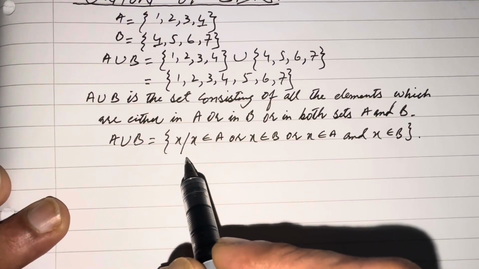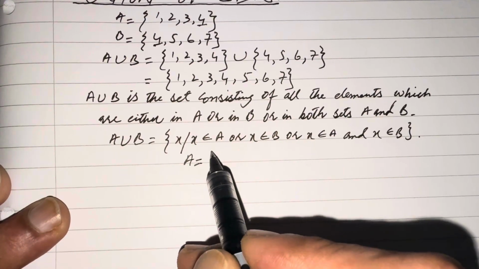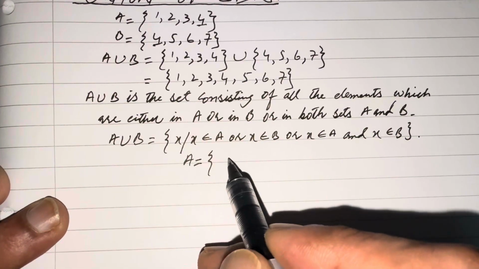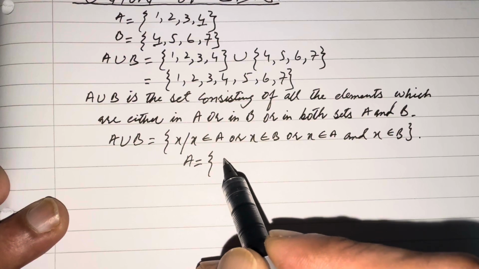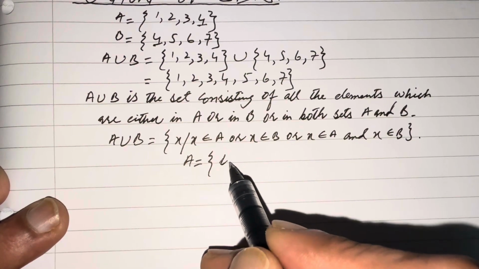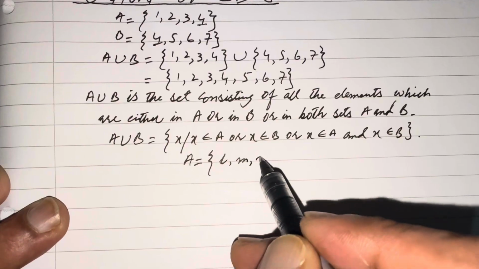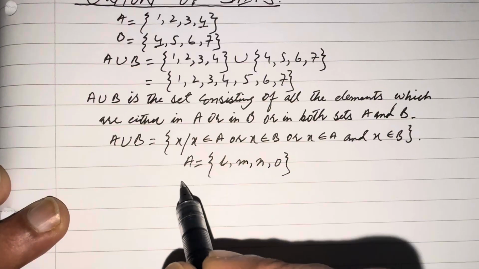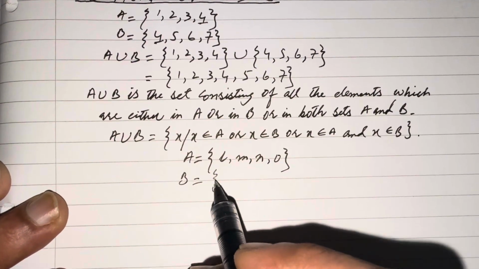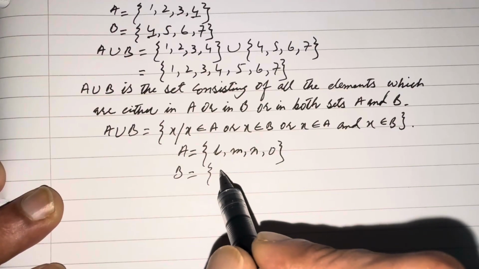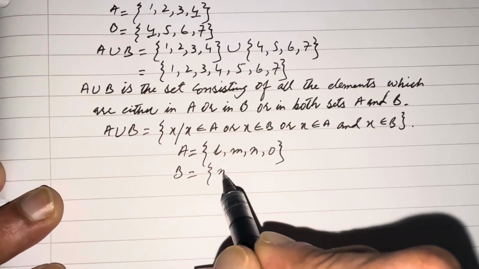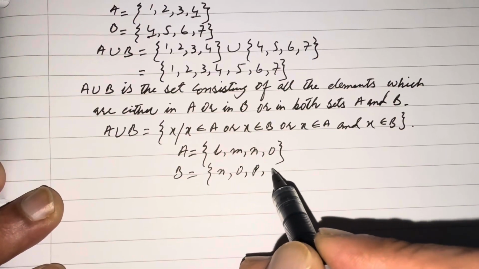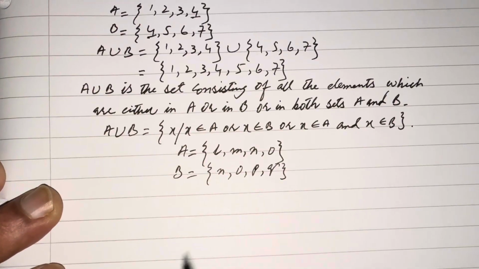Suppose A is the set with the elements, and we can choose alphabets, so we say L, M, N, and O, and B is the set with the elements N, O, P, and Q. So these are the two sets.